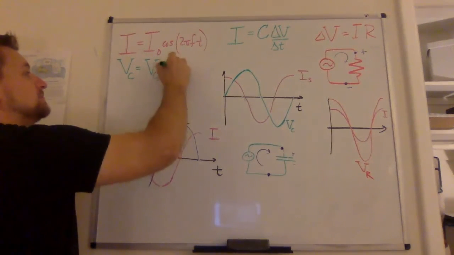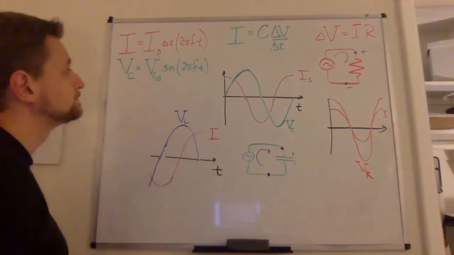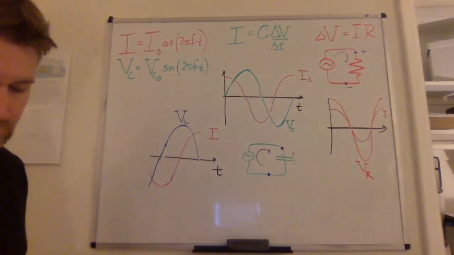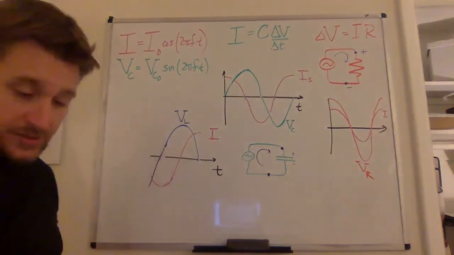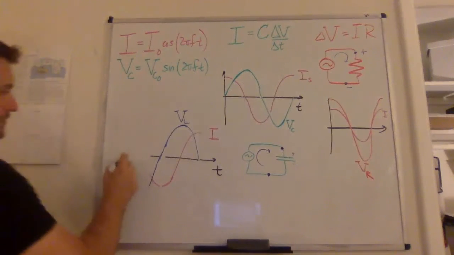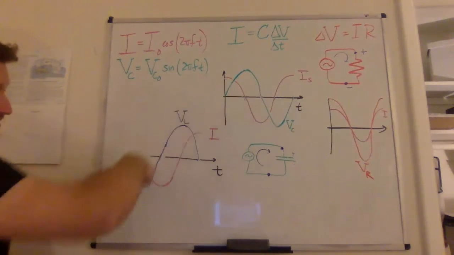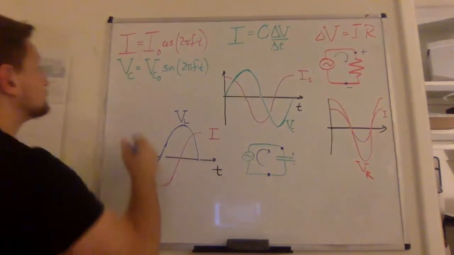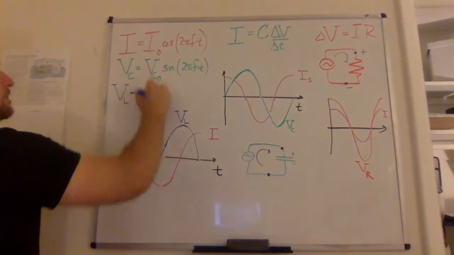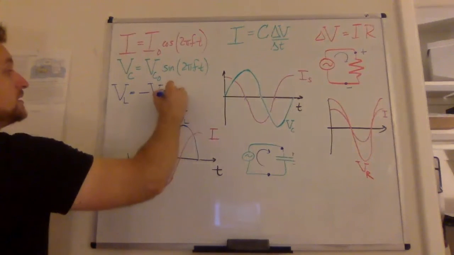Looks like sine, 2 pi ft. The inductor, now I erased it, but that function looked like this, which looks like the opposite of that. It looks like negative sine. Some amplitude, I'm not sure.